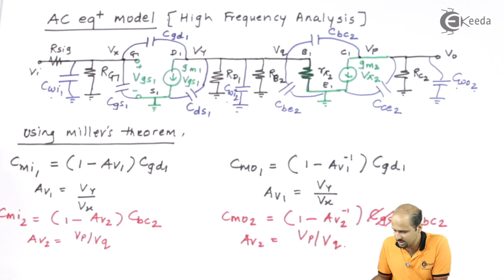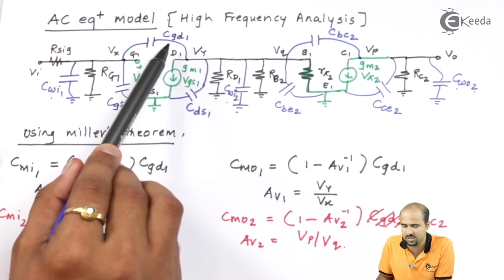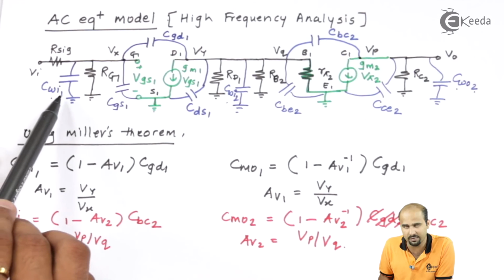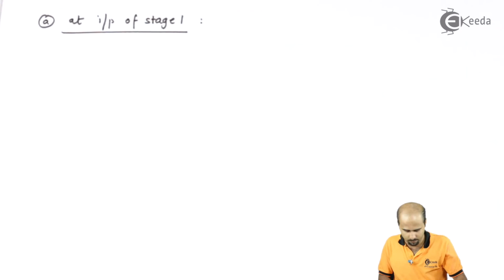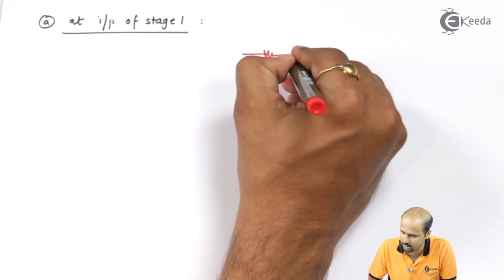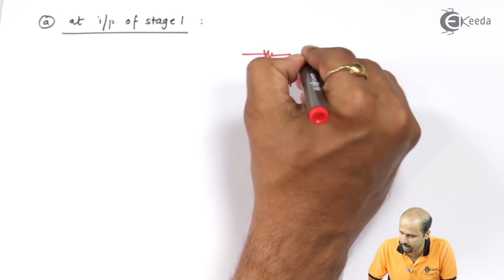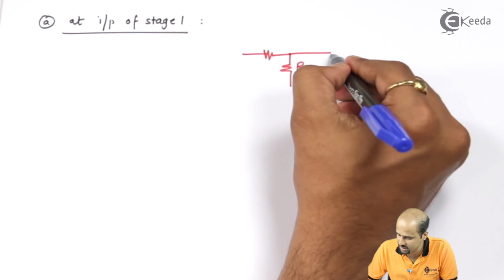So starting with the first RC circuit, we'll be having one replacement of this CGD1 at the input side, this CGS1 and this CWI1 will become in parallel combination, and your circuit will look like this. This will be your R signal, this will be your RG1, right? And this will be your other capacitances.